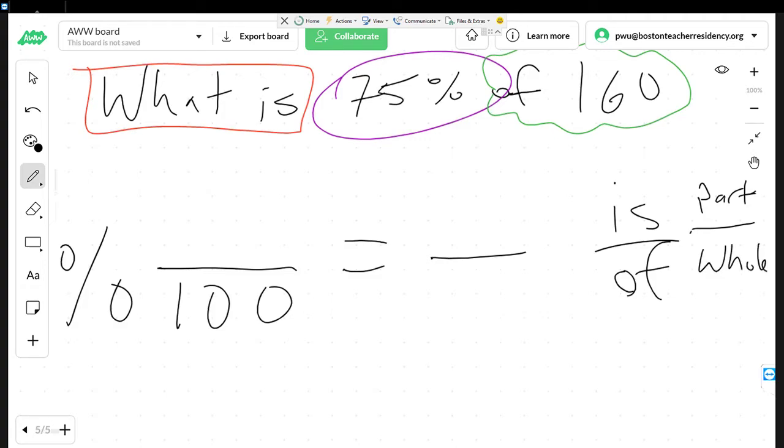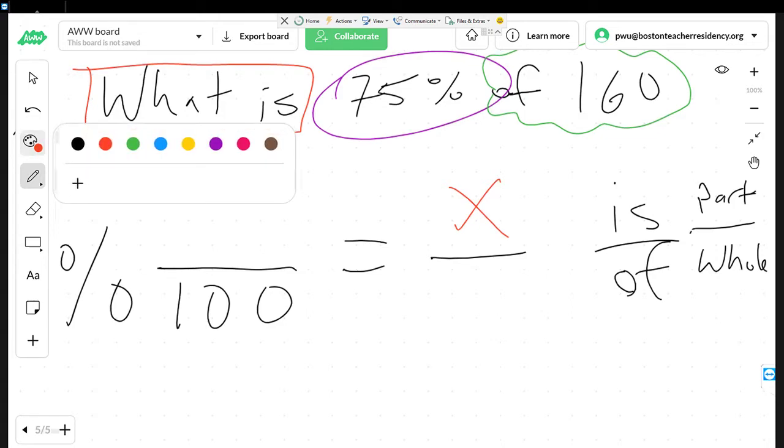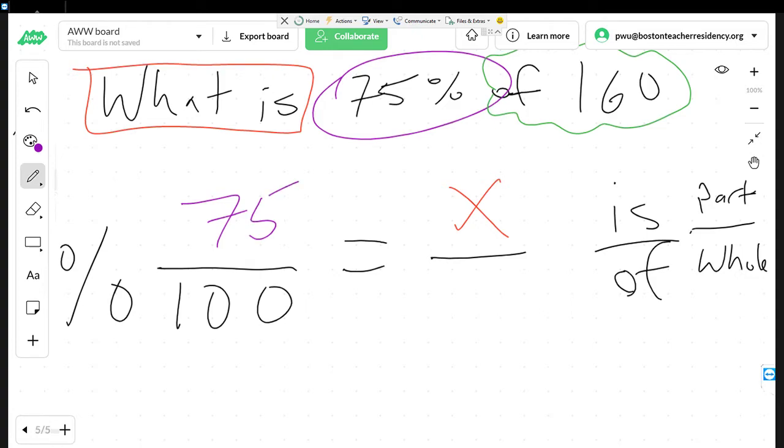So think for yourself, try it out on your paper. I'm giving you 10 seconds again. All right, our is with what? Right, is what? So we're going to put an x because we don't know what number that is yet. For our percent, we have 75, so 75 is going to be out of 100.